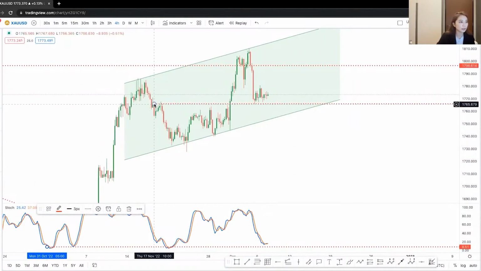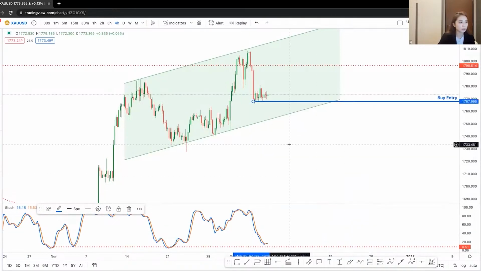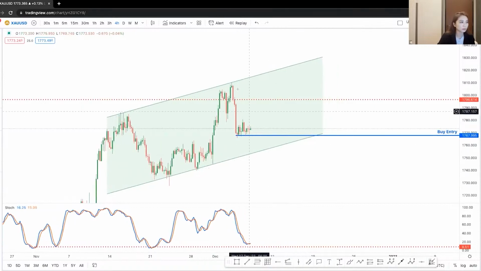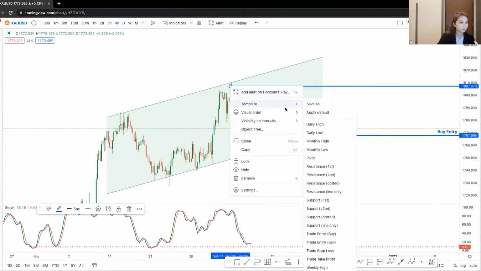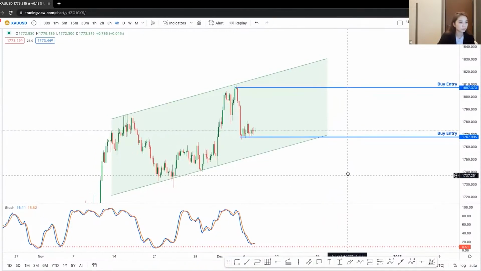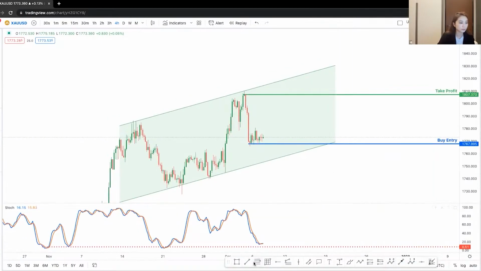So in this case, I'm personally also thinking that maybe we should go for this. And then this one, in this case, I could put according to Fibonacci projection for our stop loss.